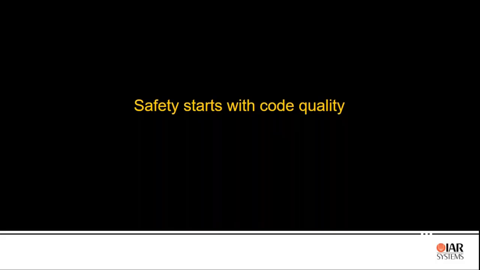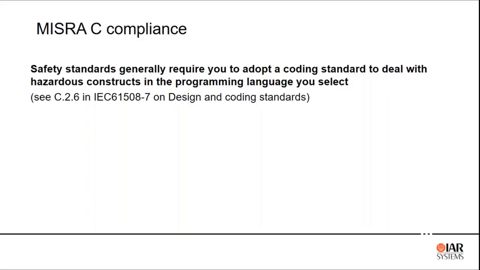But also very important, and what we always like to tell our customers is that yes, we are talking about safety, but of course safety starts with code quality, and there are many standards, or let's say best practices, available nowadays. Some of them are kind of mandatory. For example, if we mention MISRA C, you're probably familiar with it.